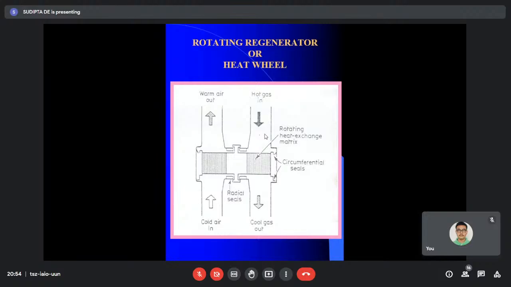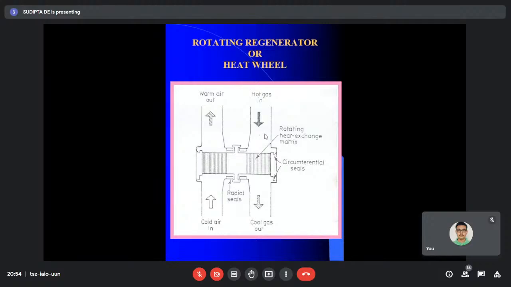On the other hand, the leakage between the two fluids can happen through the radial passage, so we provide seals. But another important problem we have posed, and we will see the conflicting interest between heat exchange and contamination, because the same surface or same matrix will be exposed to both fluids in a cyclic process, one after another.